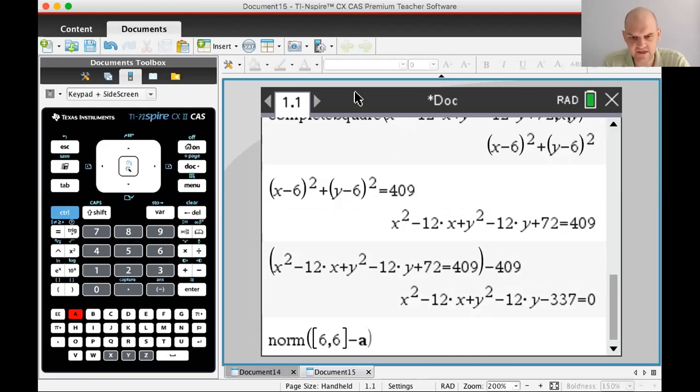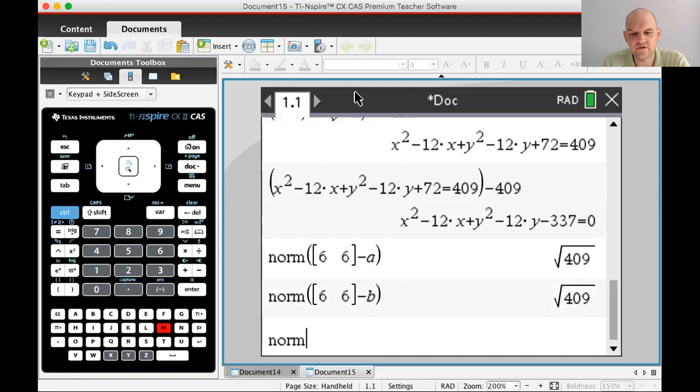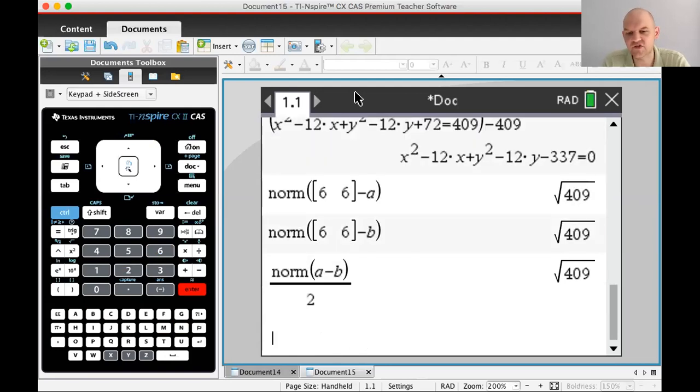Or I could have done from the center to the other one, or I could have done from A to B and then divided by 2 and gotten that. So any of those would be an option. Always be thinking about vectors. Can you use vectors to make some of these things faster on the calculator? The answer is almost always yes. So I try to do that whenever I can.